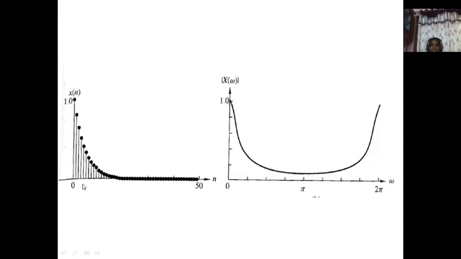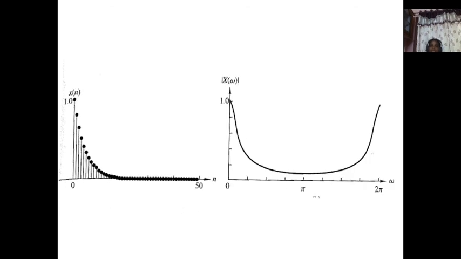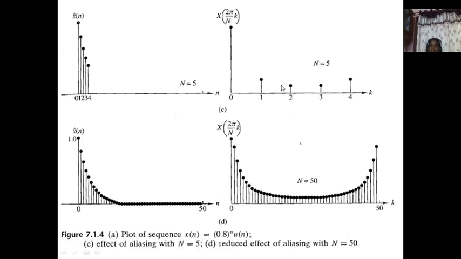If you collect fewer samples, then the spectrum according to the given expression will have fewer samples: N equal to 5 means 5 spectral samples are collected. As N is increased, the spectral domain also has more spectral samples. But you can observe that the samples we collect in the spectral domain don't alter the shape of the spectrum. The same shape as in the previous case continues here also.